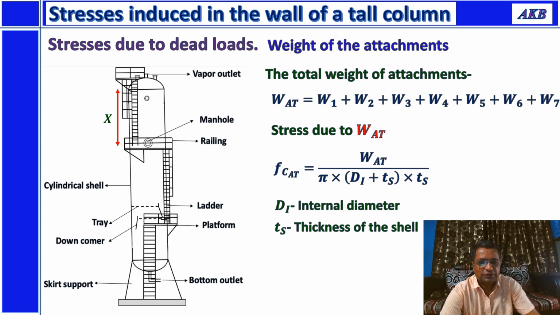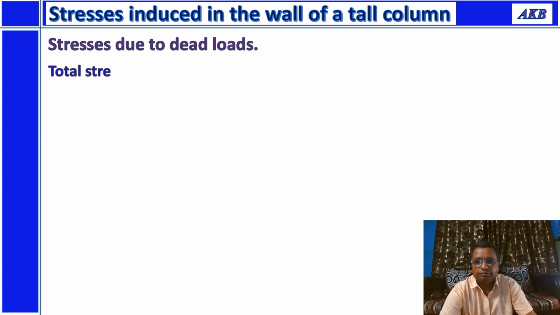Okay, so I hope this is clear to you. Now, summing up all the dead loads, the total stress due to all dead loads, let us denote it as FDL.